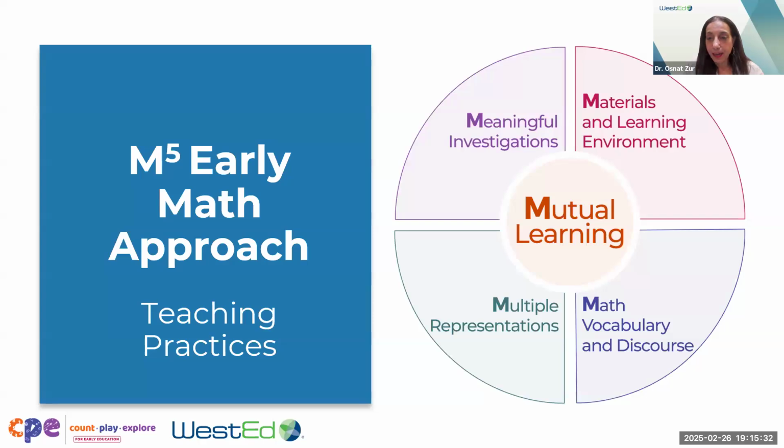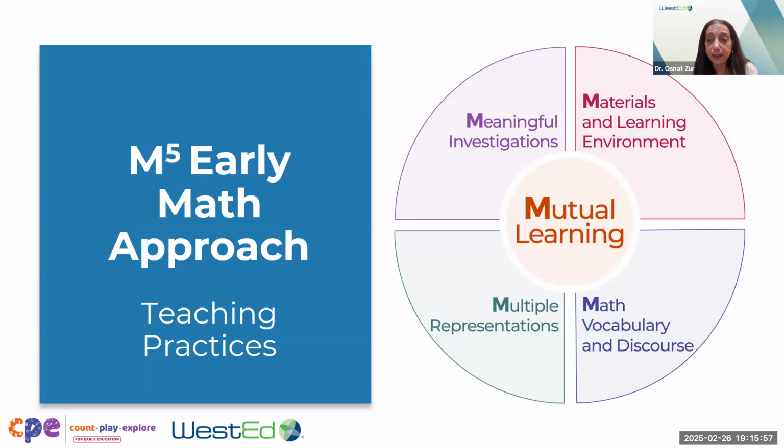You may guess by now why it's called M to the fifth, but if you take a close look, you'll see that each of these practices starts with an M. And with that, we decided just for the shortcut and also for it being a math framework to call it M to the fifth. So we have 5 M's, each representing a practice.